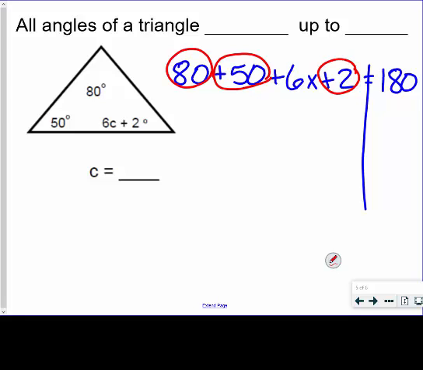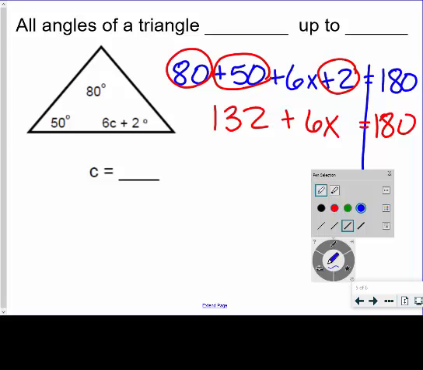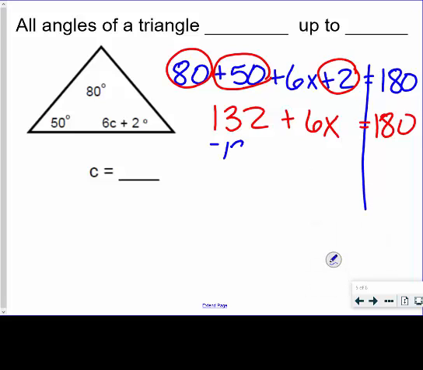80, 50, and 2 makes what? 132. Plus 6x. We can't add the 6x to that because the 6 has an X. They're not like terms. So what do you do from here?